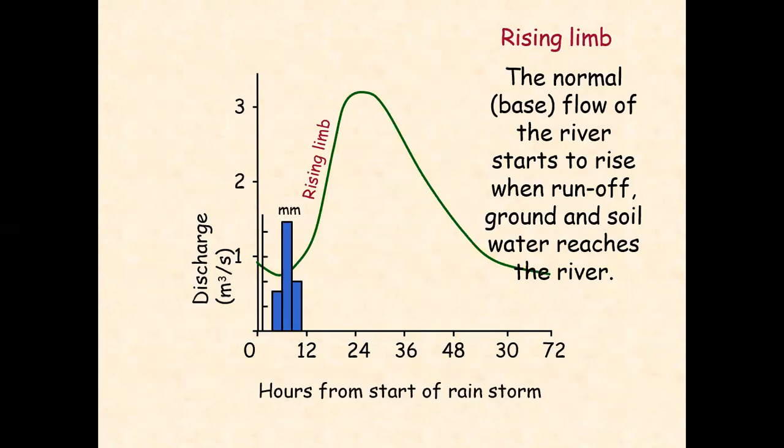But as the storm continues and more flow from distant parts reaches the outlet of the watershed, the rising limb rises very rapidly up to the peak point of the hydrograph. The extent of the rising limb is comparatively shorter than the falling limb. As a result, the area below this limb is less than that of the falling limb. The normal flow of the rivers starts to rise when the runoff, ground and soil water reach the rivers.